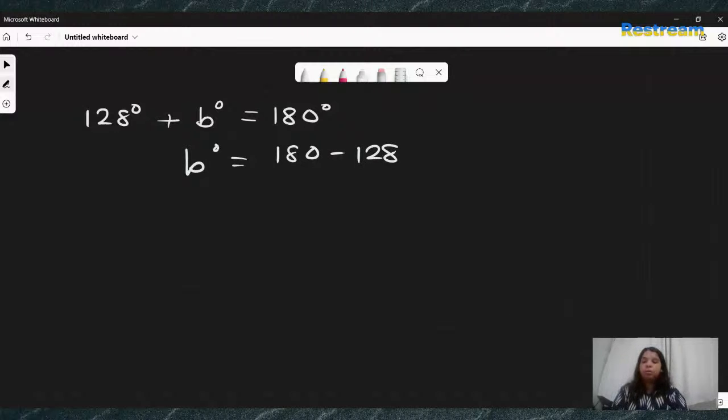So how much is that going to be? 180 minus 128 is equal to 52 degrees. So angle B is going to be 52 degrees. So this is how the basics work. Whenever they say two angles are supplementary and one angle is given, you subtract the given angle from 180 and you will get the remaining angle which is supplementary to the given angle. So supplementary is 180 degrees.